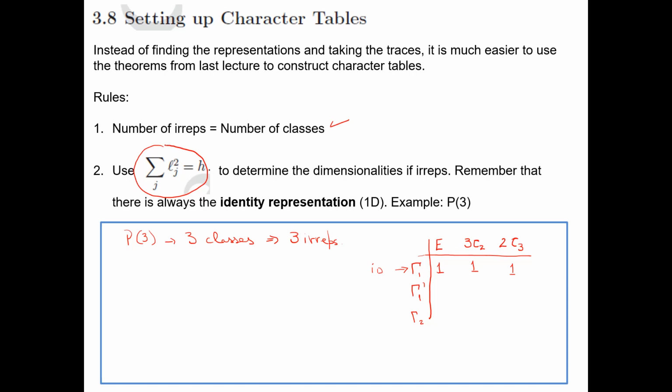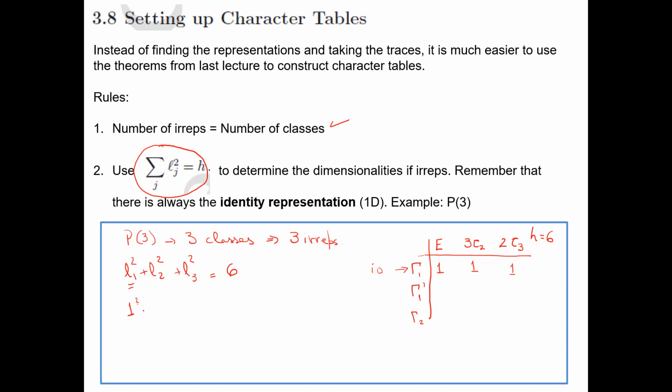This allows us to find the dimensionalities of the different representations, because this equation means that we have L1 squared plus L2 squared plus L3 squared. This is equal to 6, which is the order of the group, so H is equal to 6 for this group. And we know that for the identity representation, this is 1, right?